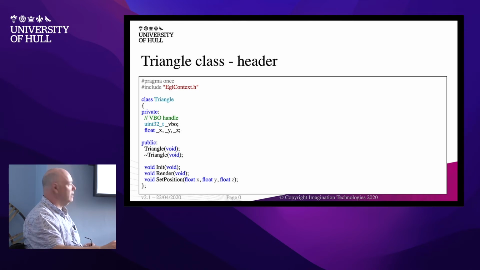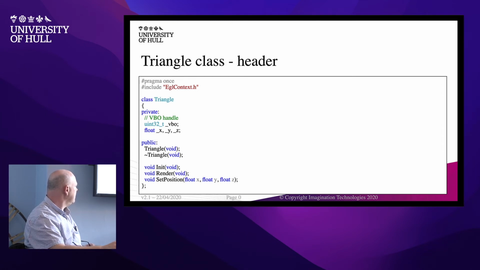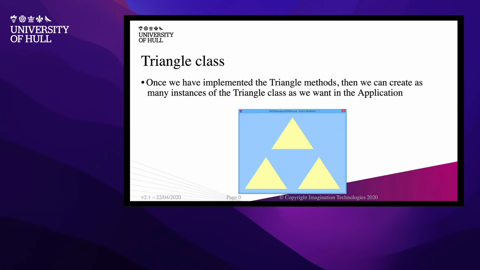You could put it in the constructor, of course you could, but I've chosen just to have this set position so I can change its position in my application. So all I'm going to do is set these X, Y, Z to these X, Y, Z parameters coming in.